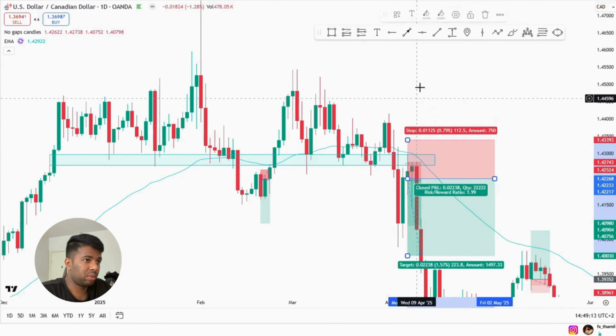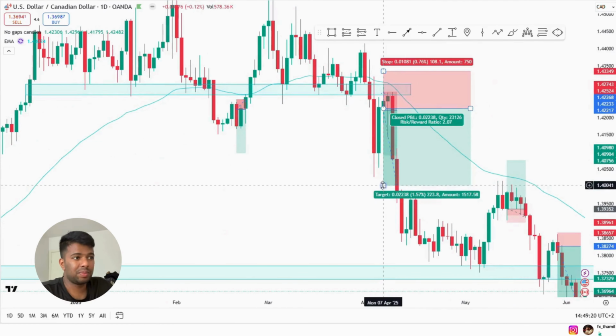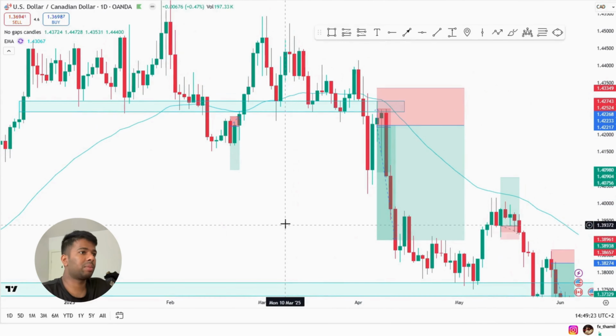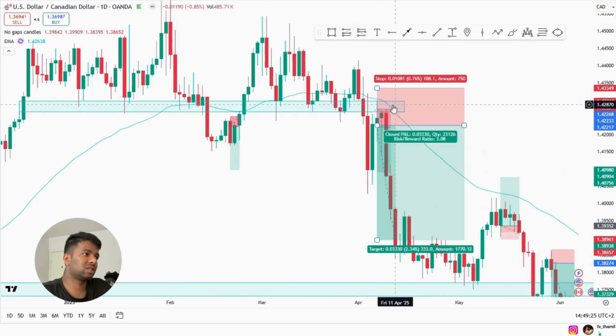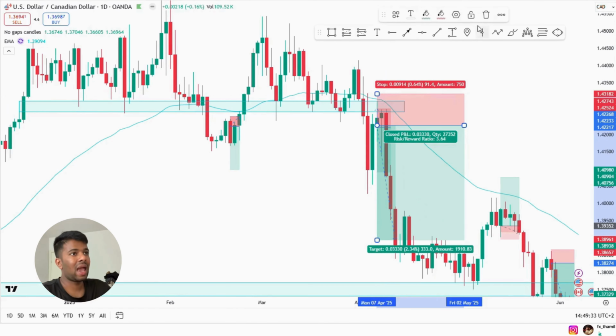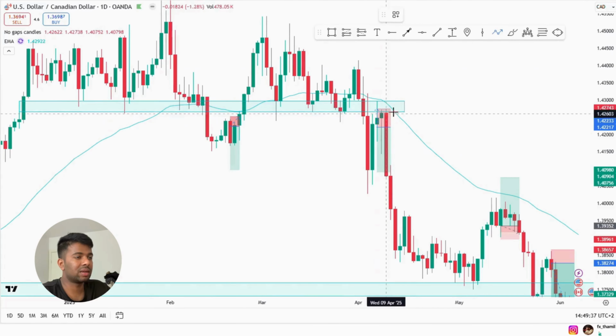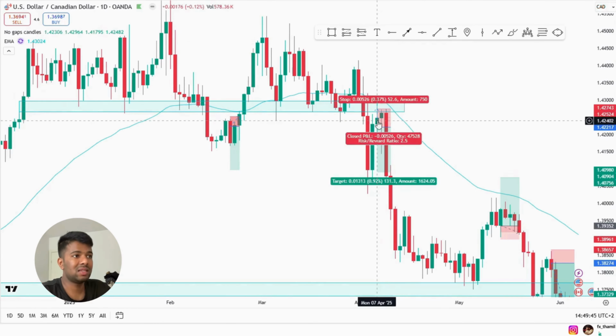I placed my stop loss above the pin bar and above this area of interest as well, because there is a high probability of price coming back and retesting this area of interest multiple times. So we don't want to put a tighter stop loss and get stopped out. This trade happened to try to come up and retest this area again, but fortunately I was saved by a few pips, and this is a very tight stop loss due to some other reasons.